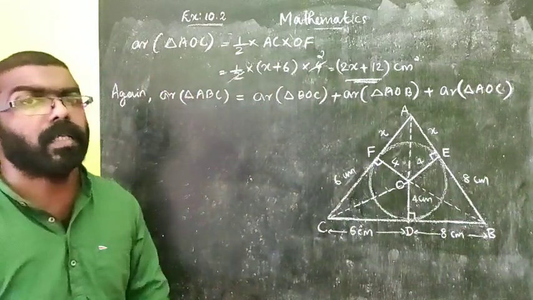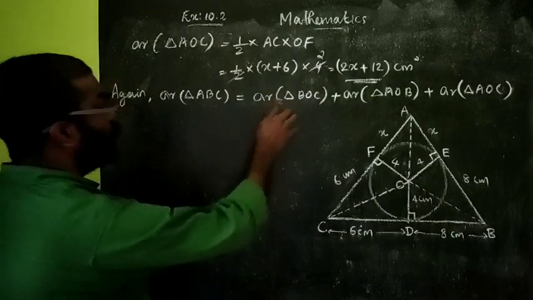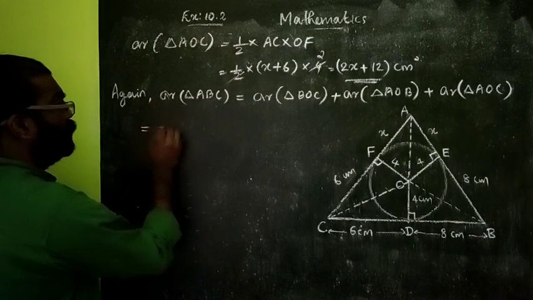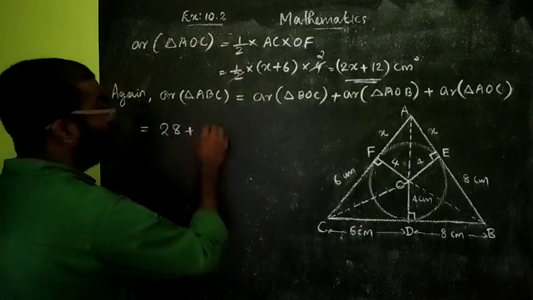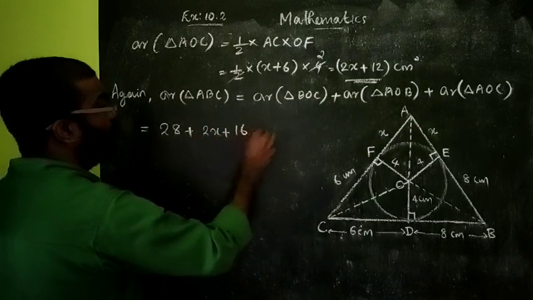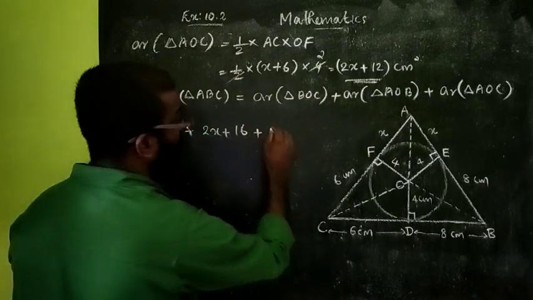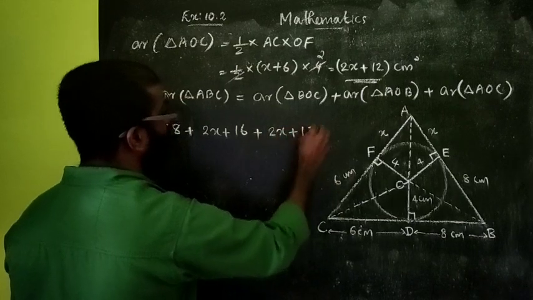Okay, we can replace all three values. Here area of triangle BOC is 28. So 28 plus area of triangle AOB, 2x plus 16, then plus area of triangle AOC, 2x plus 12.